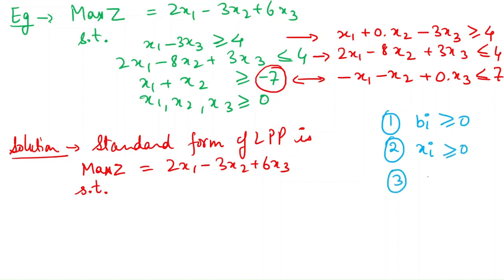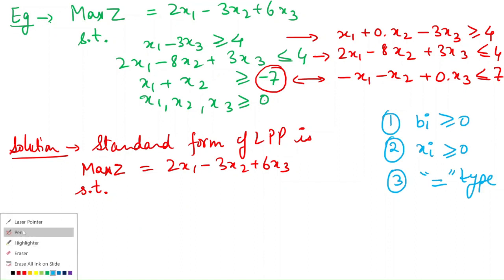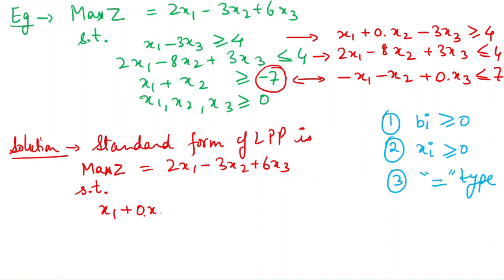The third one, the constraints are of the equal to type, right? So we'll be doing that. Whenever we have greater than or equal to, we always subtract the surplus variable. So here we'll be writing x1 plus 0 x2 minus 3 x3 equal to 4.